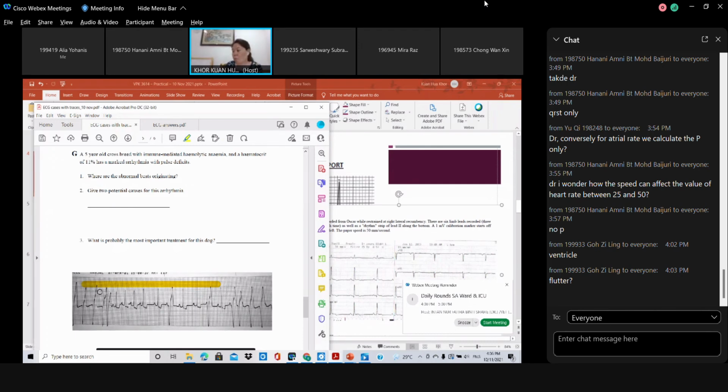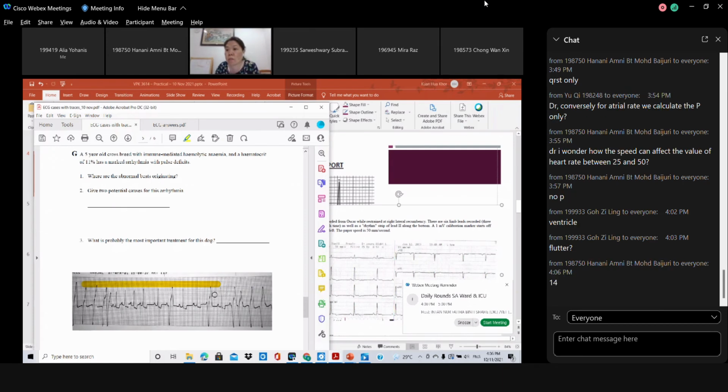What would be the ventricular beat, if this is a paper speed of 50 millimeter per second? 14 complexes. So 14, what's the heart rate? 14 times 20, 280. Is that a tachycardia?